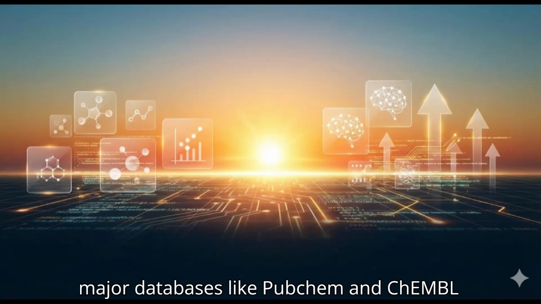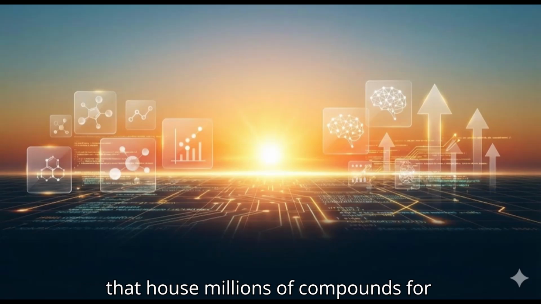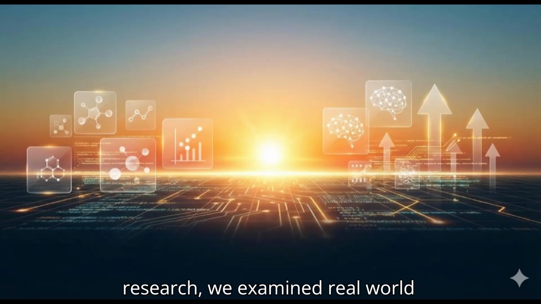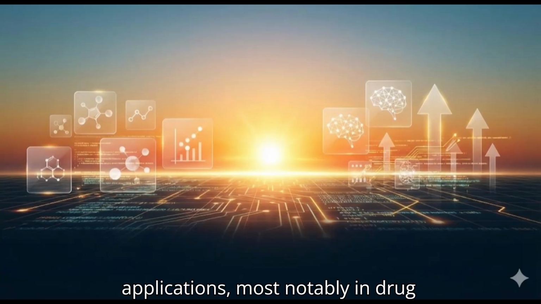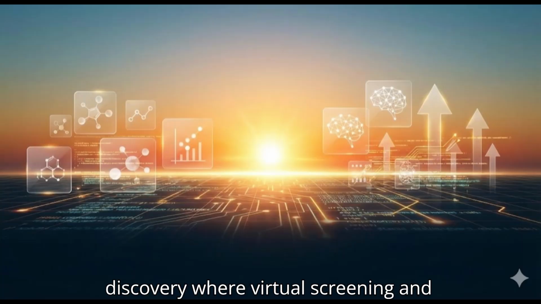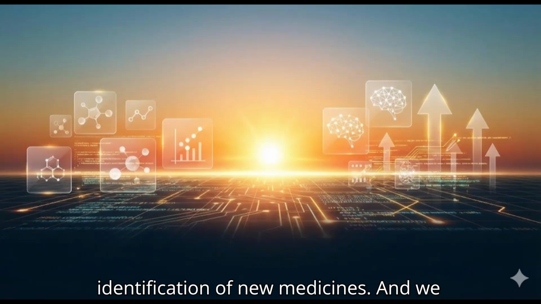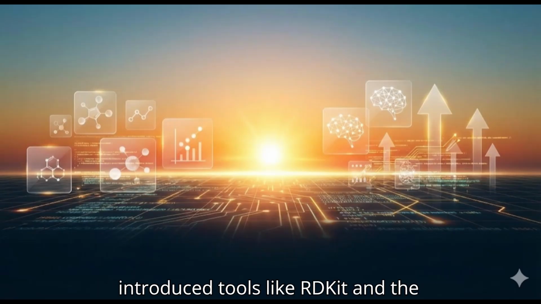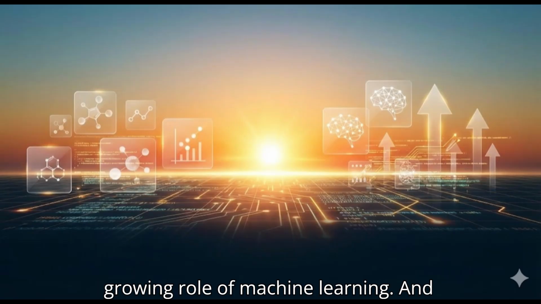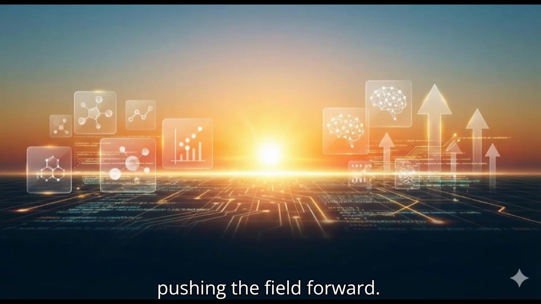We explored major databases like PubChem and ChEMBL that house millions of compounds for research. We examined real-world applications, most notably in drug discovery, where virtual screening and QSAR modeling are accelerating the identification of new medicines. And we introduced tools like RDKit and the growing role of machine learning in pushing the field forward.